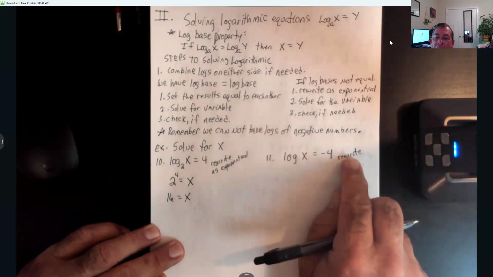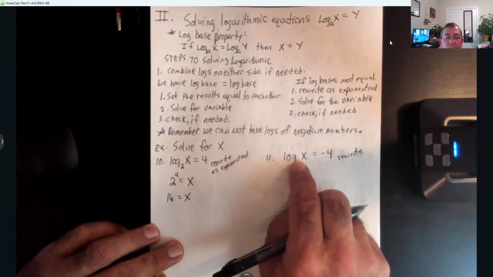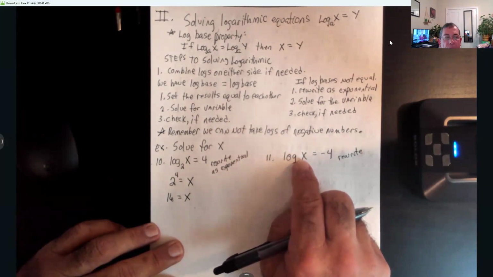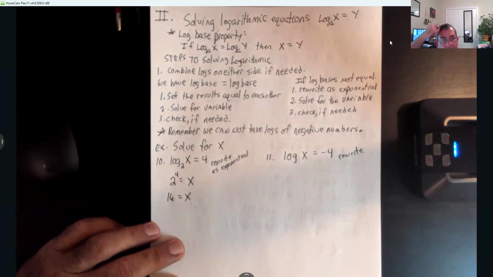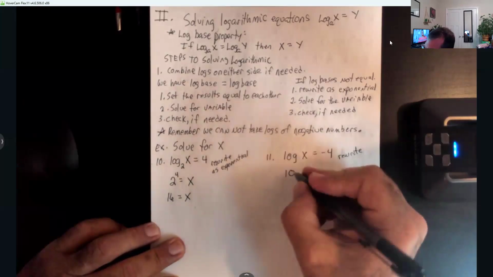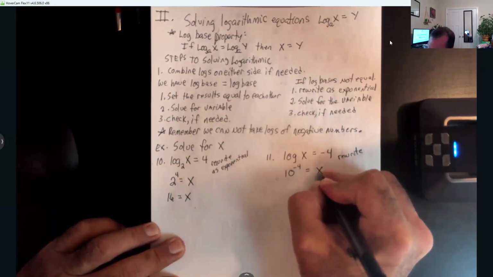So I'll just put rewrite. Oh, I don't have a base though. So what might be my base, y'all? What would I put as my base here? Oh, what y'all got? 10. Good job, y'all. So that'd be 10. Exponent is -4. And that's going to equal my x.